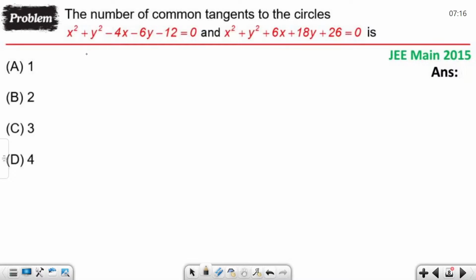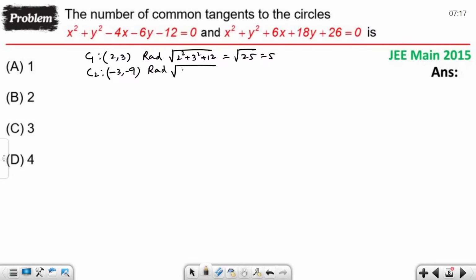So the center for the first circle is at (2, 3) and radius is root over 2 square plus 3 square plus 12. So that gives us 5. And the center for the second circle is (-3, -9) and its radius is root over 9 plus 81 minus 26.